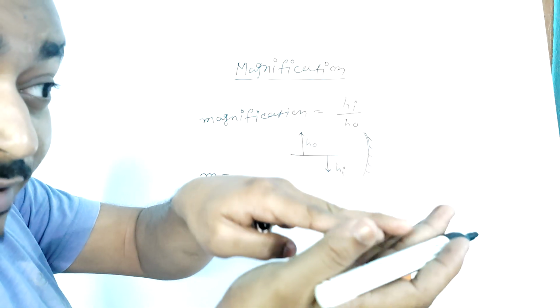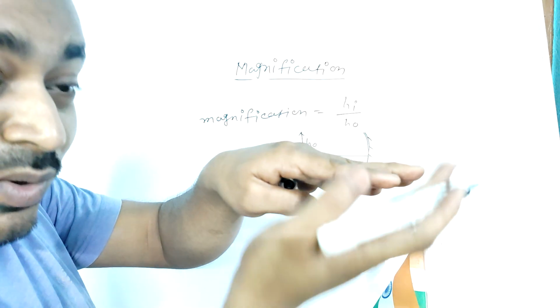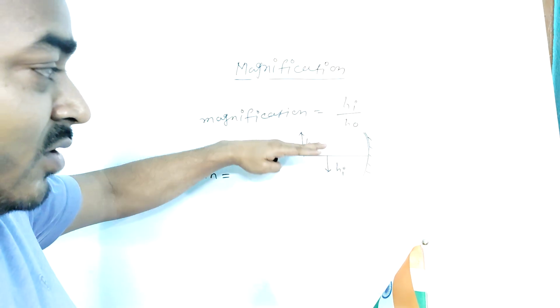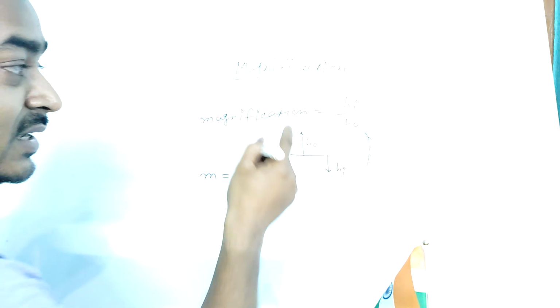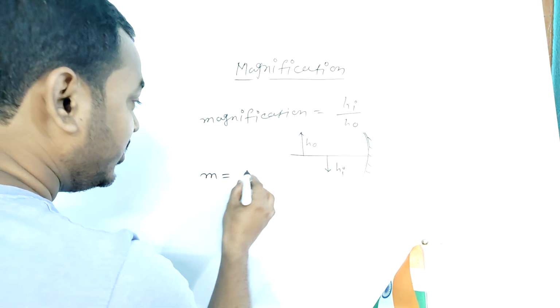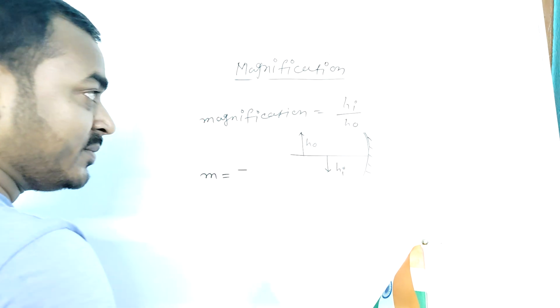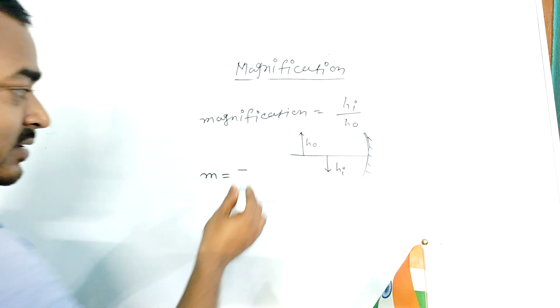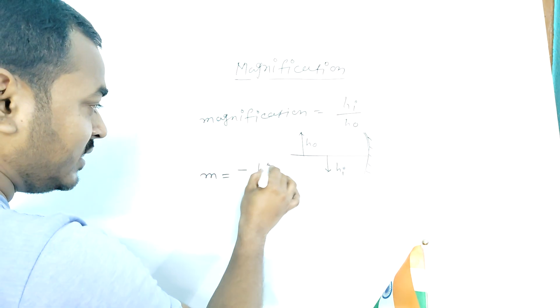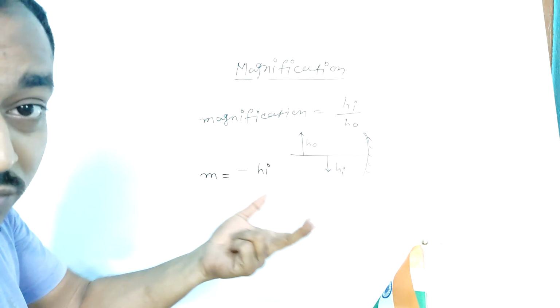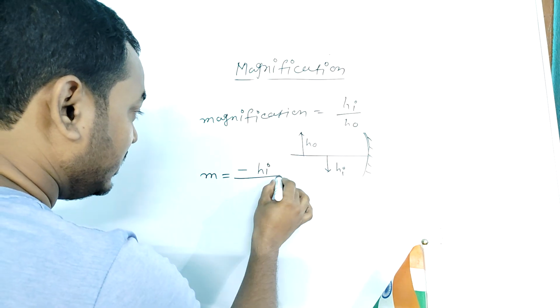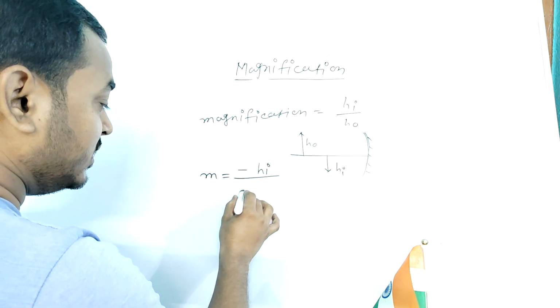As all the distances or heights below or downwards from the principal axis are taken as negative, and above the principal axis taken as positive, the height of the image is negative. So I am putting negative here. The sign convention we have to use. And the height of the object is positive.